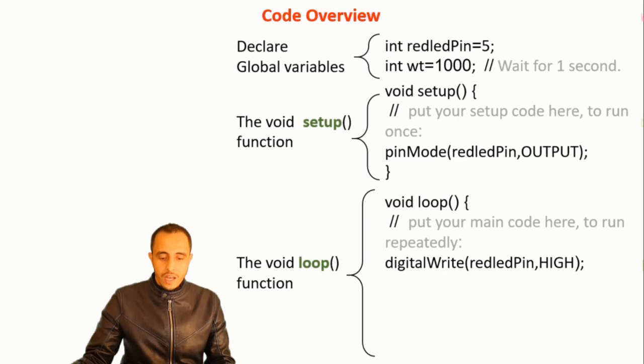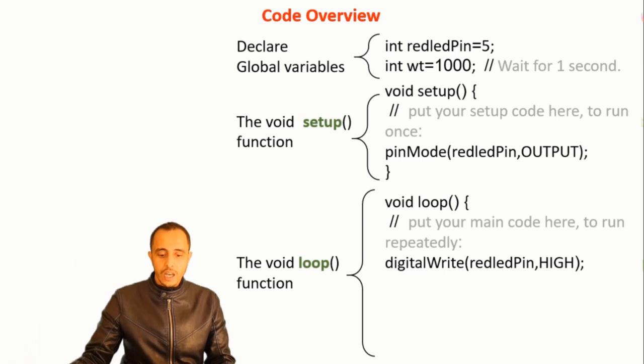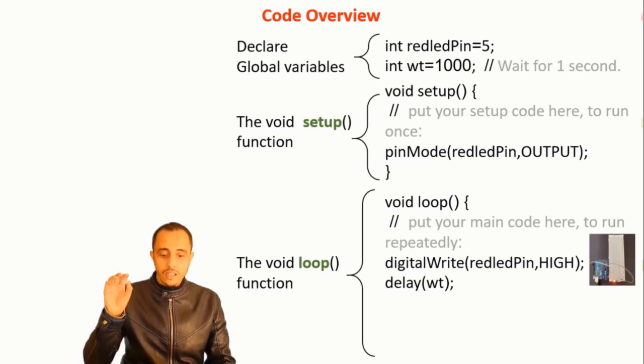The first line in the void loop is digital write red LED pin high. High means that we are going to put 5 volts to our red LED, and we are going to delay 1 second. As you can see here in the image, these two lines will make our LED turn on.